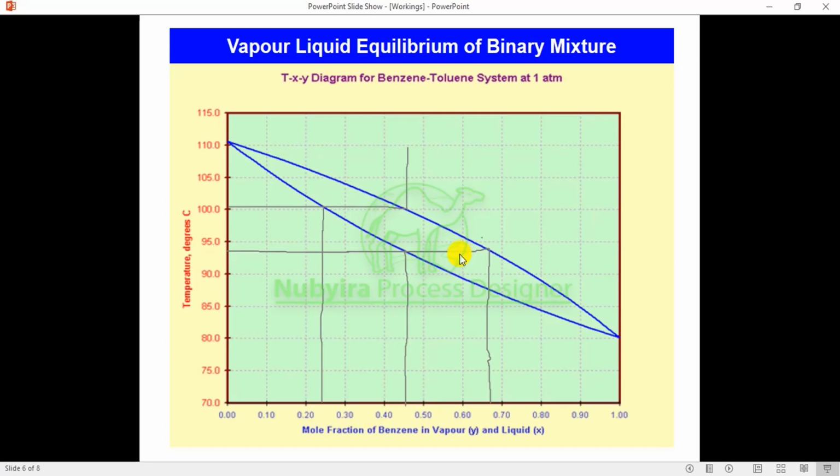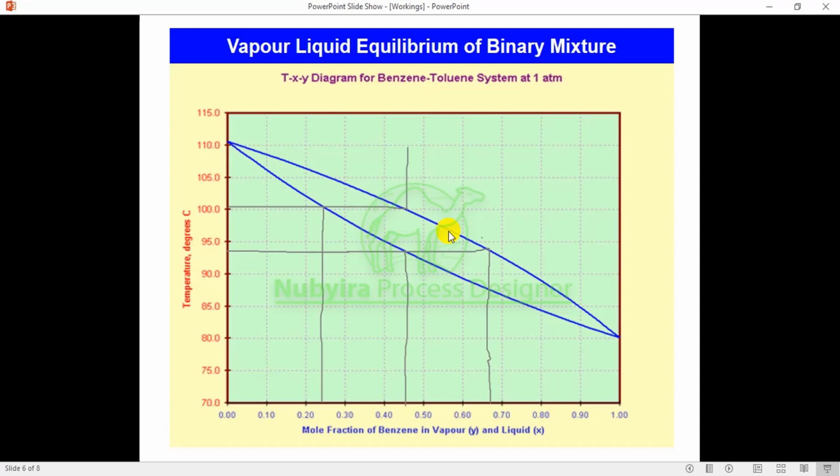So more of the light component will vaporize in the first instance, you understand. And as you keep on increasing the temperature, the temperature will keep on increasing, and the vapor that is being formed is going to be reducing.